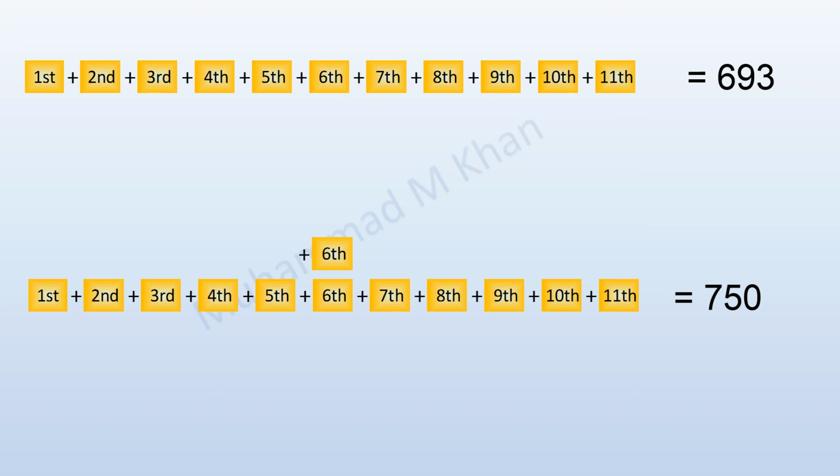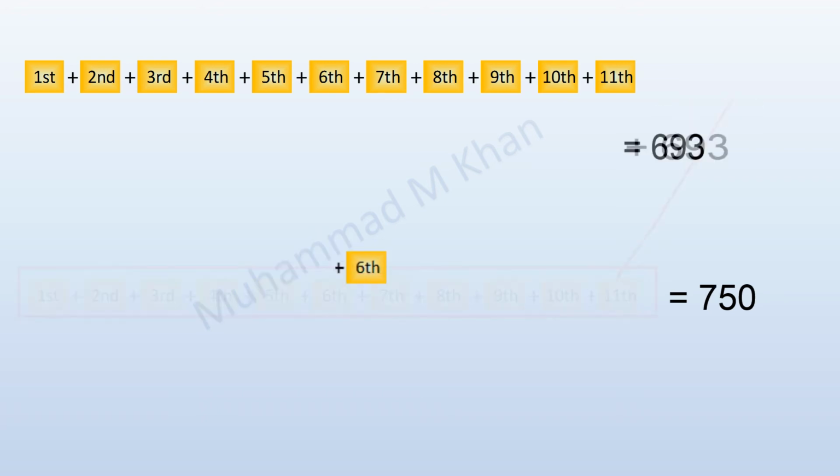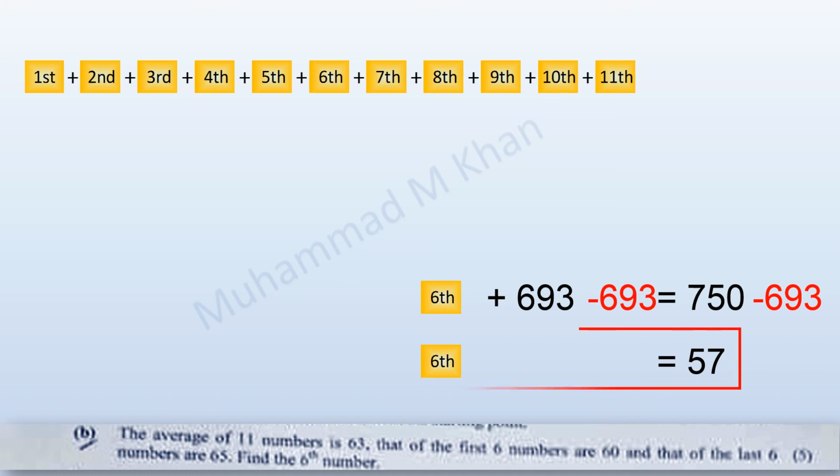But we know that the sum of 11 numbers is 693 as we have calculated in equation 1. So replacing the sum of 11 numbers with 693, we get that the 6th number plus 693 is equal to 750. If we deduct 693 from both sides, we get that the 6th term is equal to 57. So this was the required solution of part B of question 7.